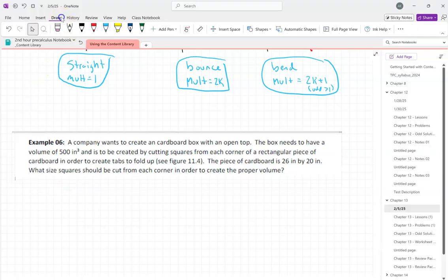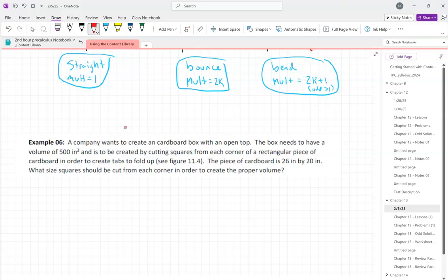So this type of problem is called an optimization problem because it's asking us to find the best way of doing something, or the optimum solution. The problem says a company wants to create a cardboard box with an open top. You guys can picture what that means.